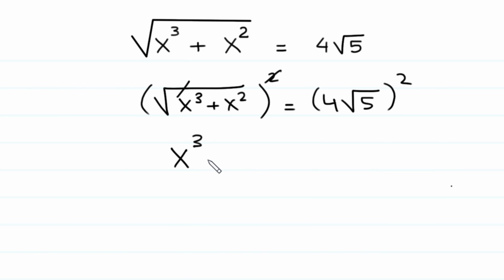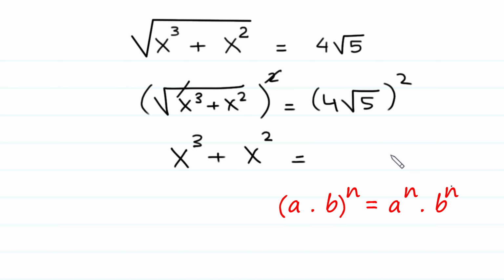x to the power 3 plus x to the power 2 is equal to, there is a rule of exponents that (a times b) to the whole power n is equal to a to the power n times b to the power n. According to this rule, this power 2 will become the power of this 4 and this square root of 5.